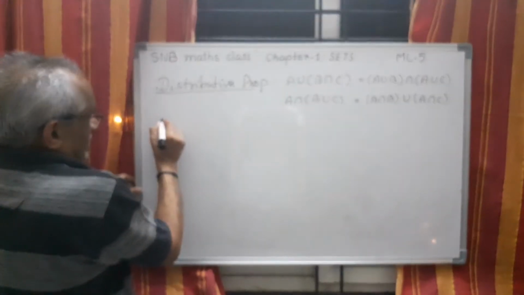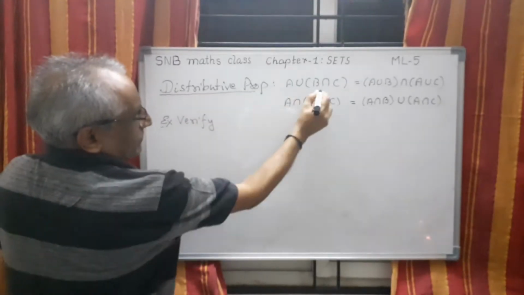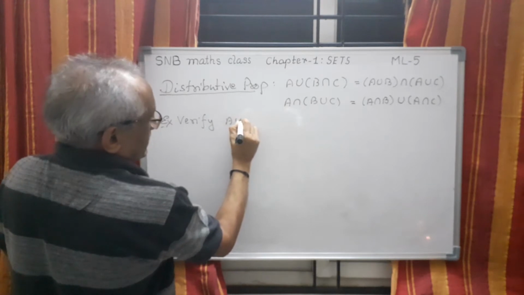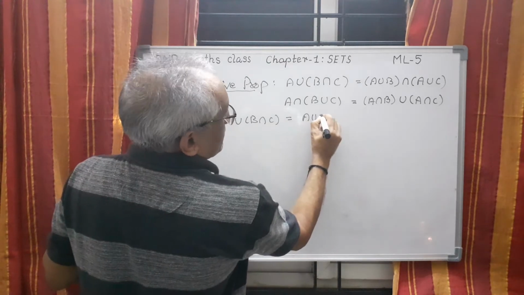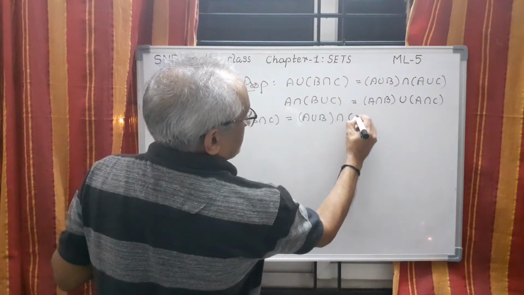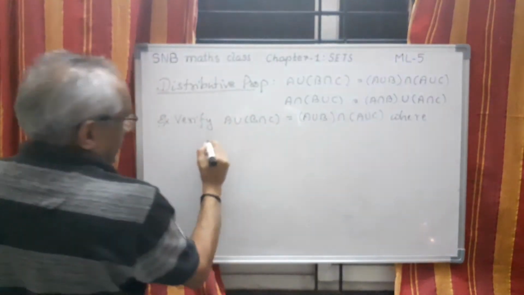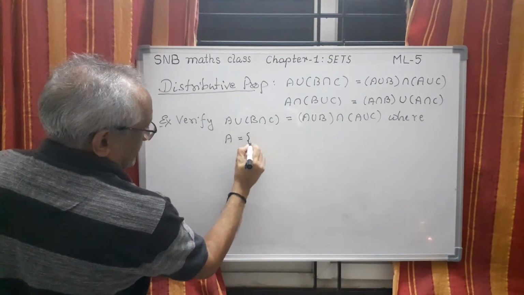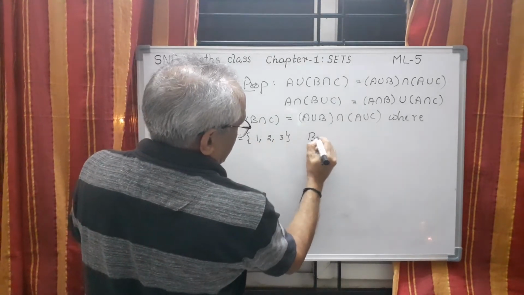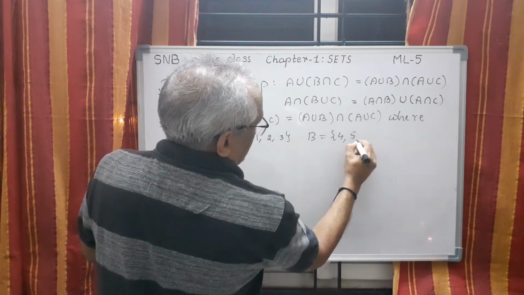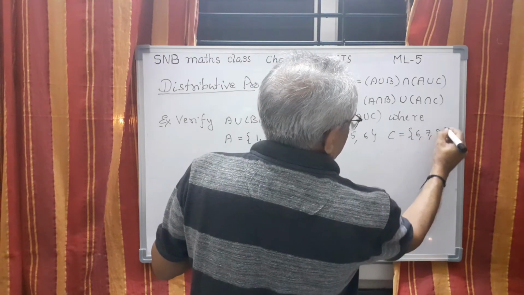So let us take an example, verify the first rule: A union B intersection C equals A union B, intersection A union C, where A equals 1, 2, 3, B equals 4, 5, 6, and C equals 6, 7, 8.